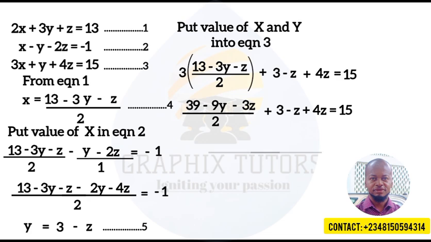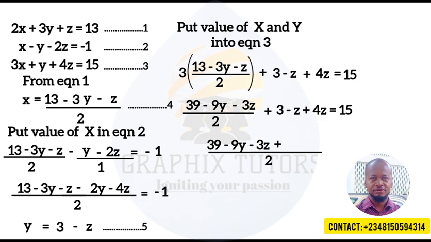Is that taken? So what I will just do here is bring out your 2, right? So when you bring out the 2 here, the LCM here will now be 2. So since 39 minus 9y minus 3z have the same denominator, it means that the LCM is 2, right? So 2 in 2 is 1. 1 times everything will give you everything. And what is the everything there? 39 minus 9y minus 3z, right?